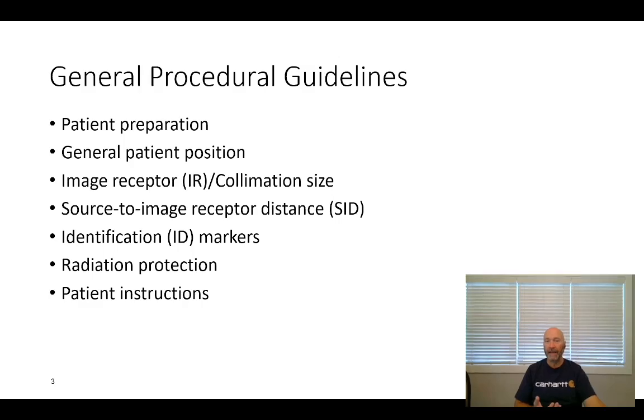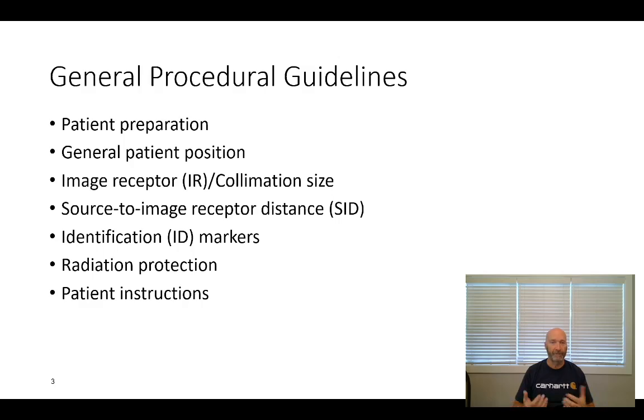So you're going to have an increase in object to image receptor distance, and to mitigate that and make the heart not look magnified, we're going to back up our source to image receptor distance to 72 inches.